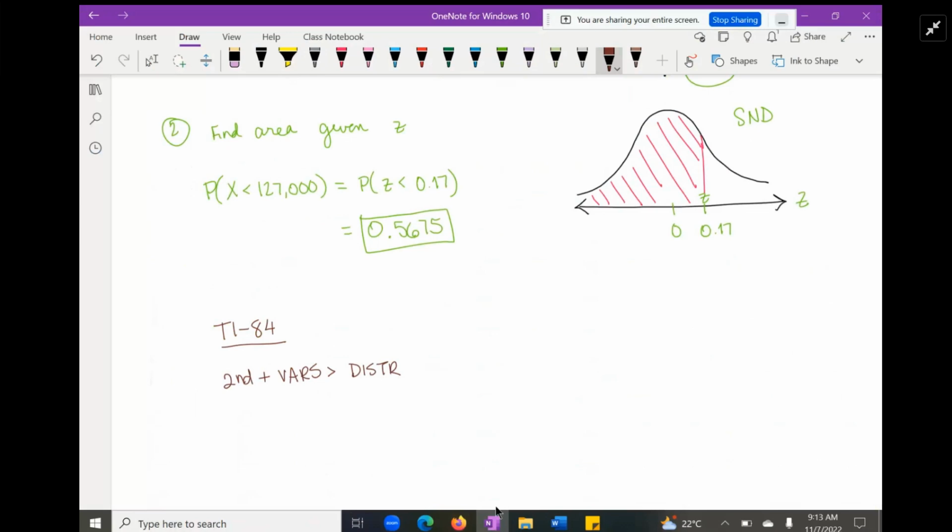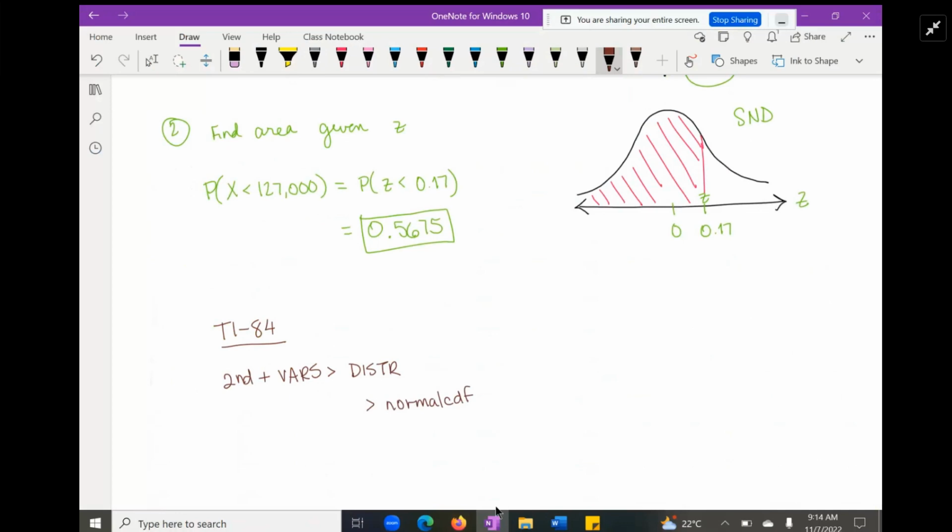The second button is your shift key on the calculator. It's going to give you the command right above that button. Okay, and once you click into that, you're going to find the function to use here, normalcdf.